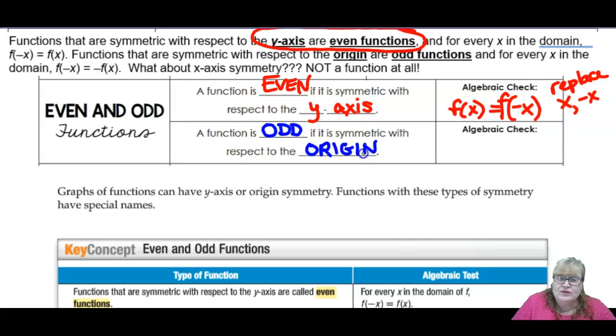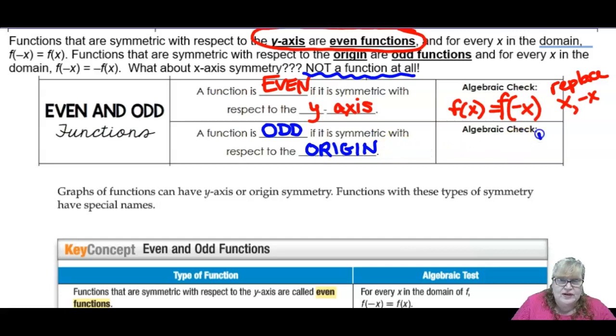Now, the reason we don't have x-axis listed here is because x-axis symmetry does not make a function. Not a function at all. And again, the algebraic check for this is you have to change both the x and the y.